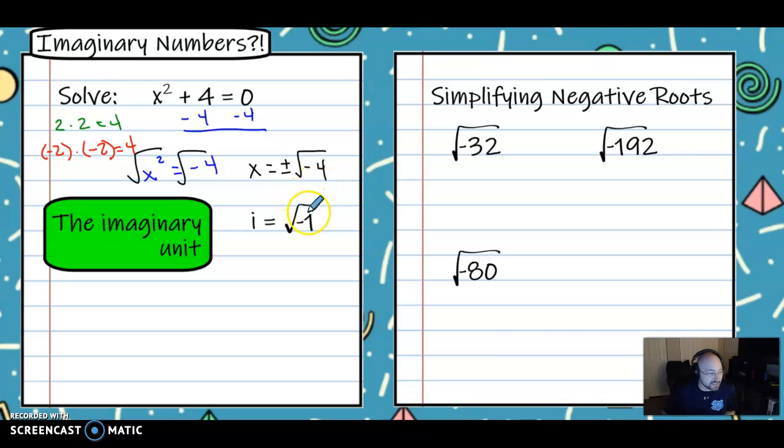And because of this, because this problem was unsolvable, mathematicians decided to invent a number. They said, let's pretend that there was some number that when you multiply it with itself, it would create negative 1. And they called this number i. So i squared is negative 1, showing you that it multiplies with itself to make negative 1. But i, as we're going to use it, is going to be representing the square root of negative 1, right?